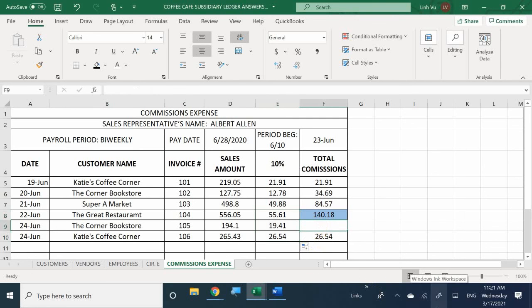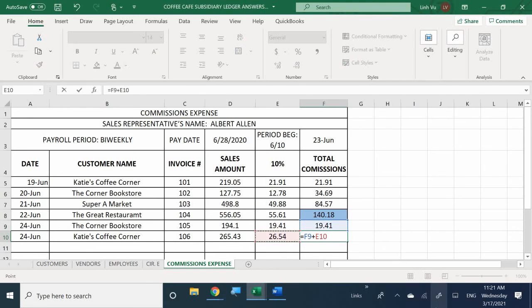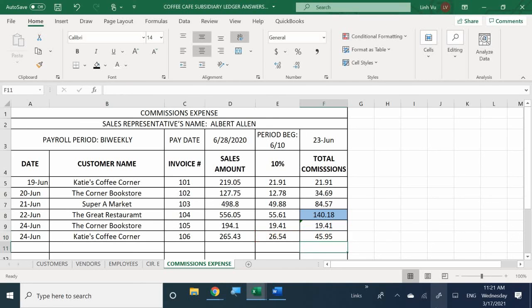So therefore, this is going to be 19.41. And then what's the grand total here? $45.95. Okay, so now we owe Alan another $45.95. Okay, good.